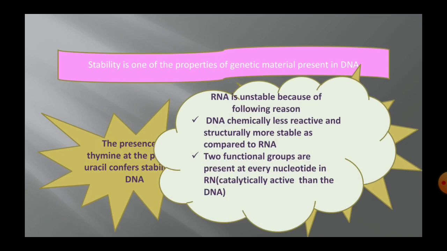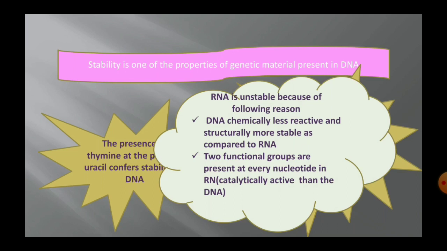The question arises, why is RNA unstable? Because DNA is chemically less reactive and more stable as compared to the RNA. The question arises, why is DNA chemically less reactive and structurally more stable?